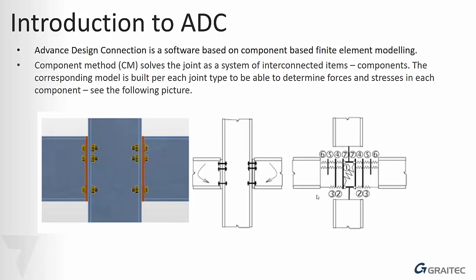After that, we will have an analytical model to use and define our geometry, and then the analysis will be done using the finite element method. So the component-based method is briefly just transforming your geometry to simpler elements and then doing the analysis and design based on the forces coming from your elements.